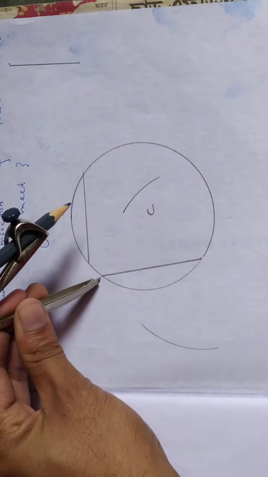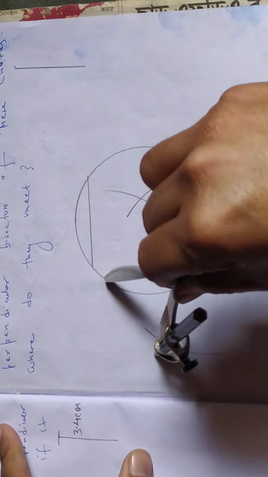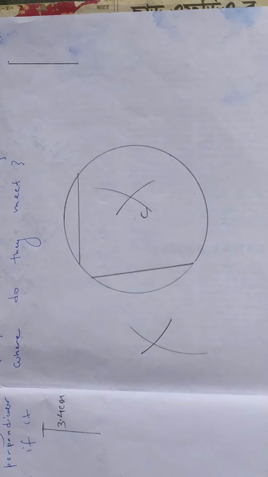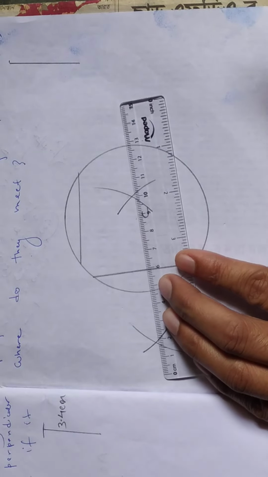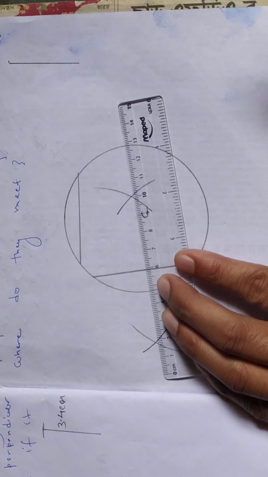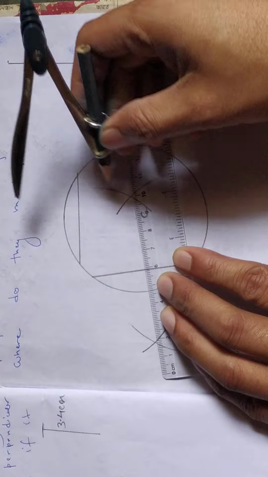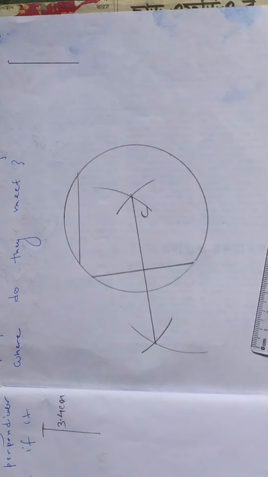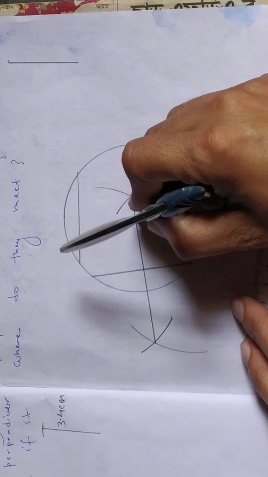And similarly from this point, one arc here and one arc here. And you know this line will pass through the center. So this point is the center, as all of you can see, this point.